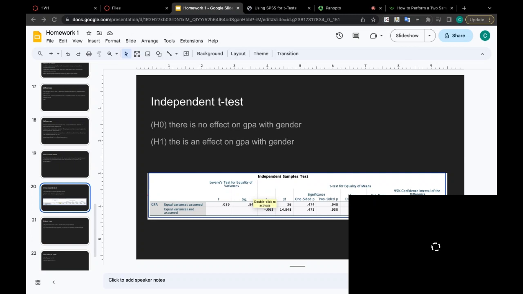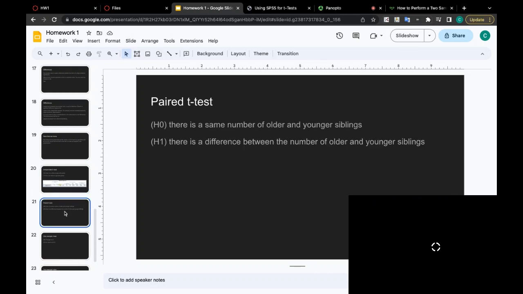We have our independent test. Let's go to our paired test. Oh, also, I forgot to mention degrees of freedom. That's this little section right here. Independent sample size. That's what this is.